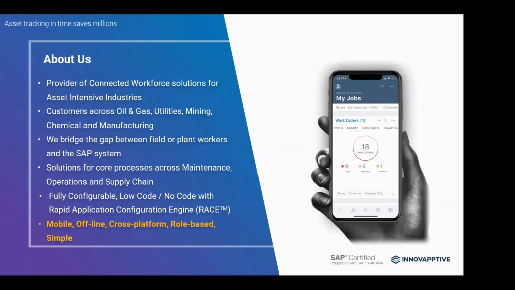So about Innovaptive. We are what we call a connected workforce solution provider. Innovaptive is a certified SAP partner, and we focus our solutions on asset-intensive customers. We provide a suite of applications that enable field workers to connect directly to their SAP systems in the field.